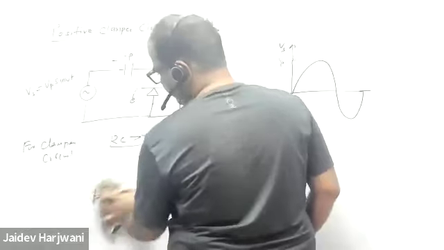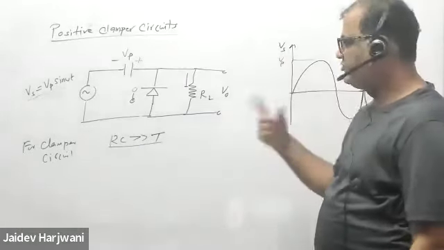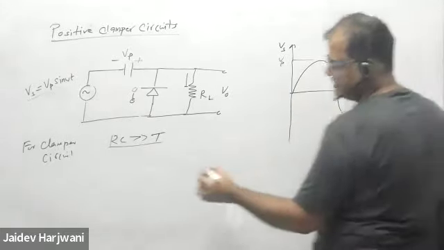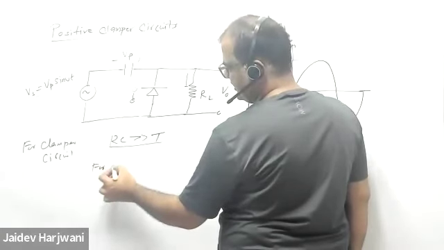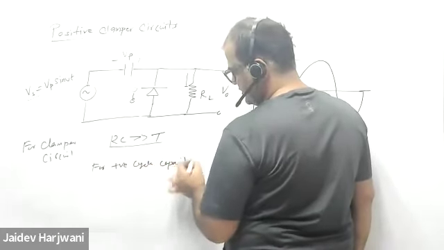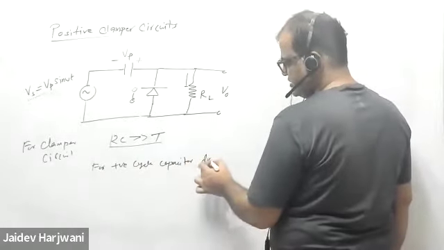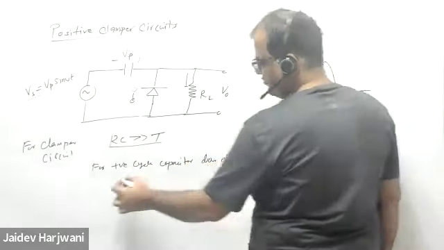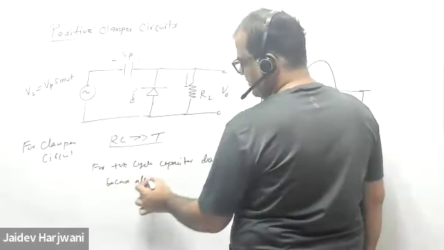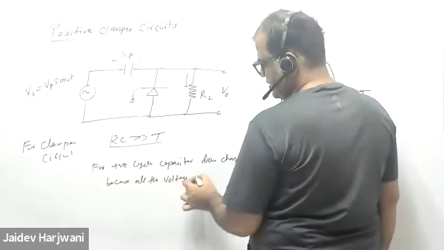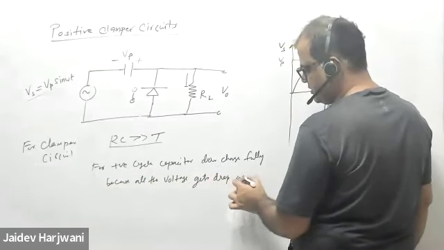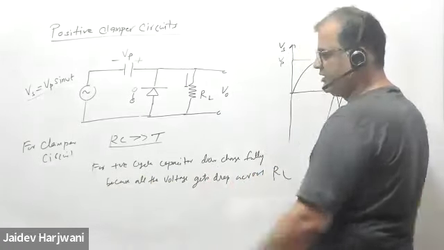Now this capacitor is charged. This is the final condition of the circuit. It will take a few cycles. So in the positive cycle, capacitor does not charge fully, because all the voltage gets dropped across RL.